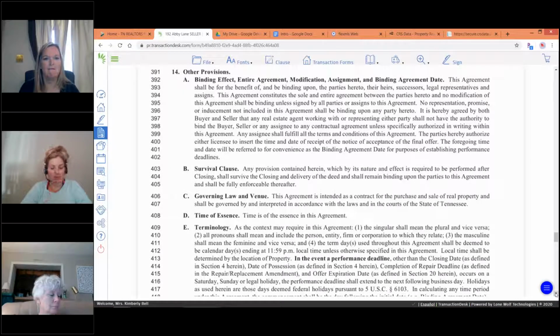This agreement shall be for the benefit of and binding upon the parties hereto, their heirs, successors, legal representatives, and assigns. This agreement constitutes the sole and entire agreement between the parties hereto, and no modification of this agreement shall be binding unless signed by all parties.